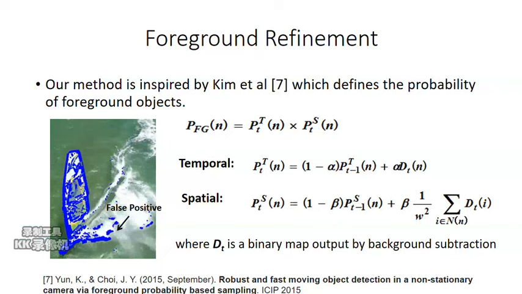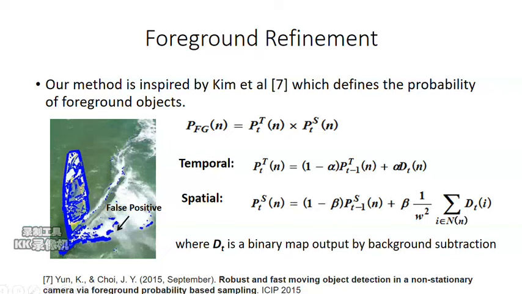Temporal property, PT, is defined as a recent history of foreground at each pixel position. DT is defined as a binary map output by background subtraction. DT is 1 if pixel m belongs to the moving object at time t. Alpha is the temporal learning rate.